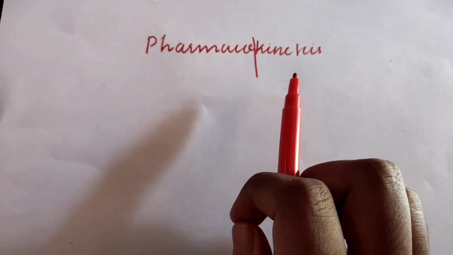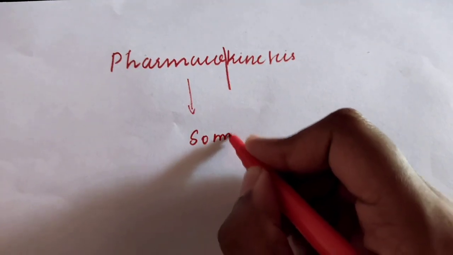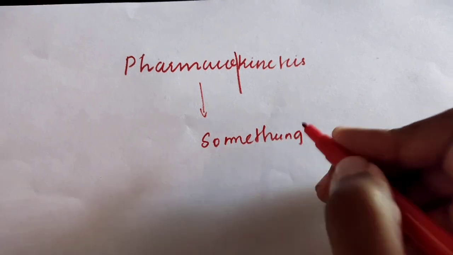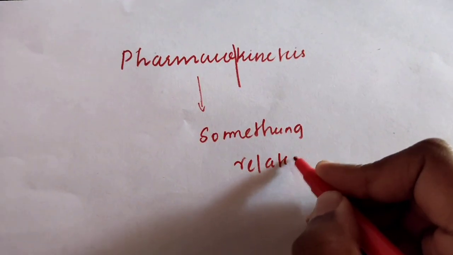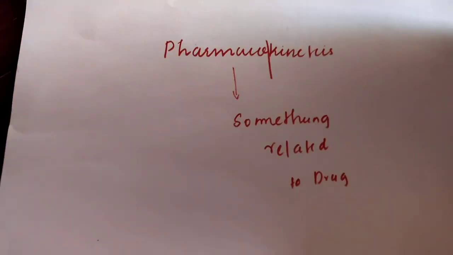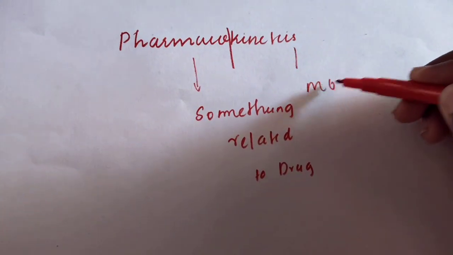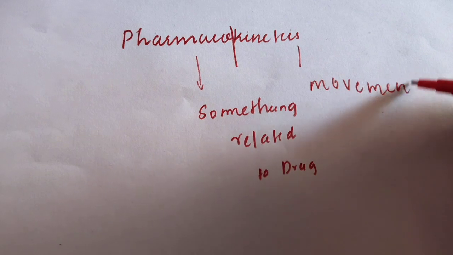I divided this word into pharmaco and kinetics. Pharmaco means something related to drugs. And kinetics we already know about, that is movement. Anything which can move is called kinetics.